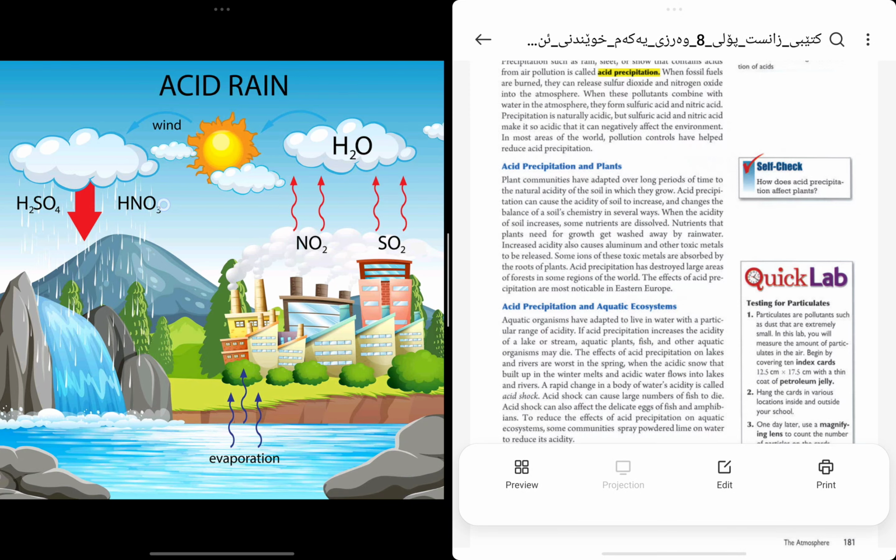So when we have this acid rain in the soil, it becomes too acidic, and as a result it washes away important nutrients and releases toxic metals like aluminum. Plants absorb toxins, and you know that it causes damage or death to the plant.